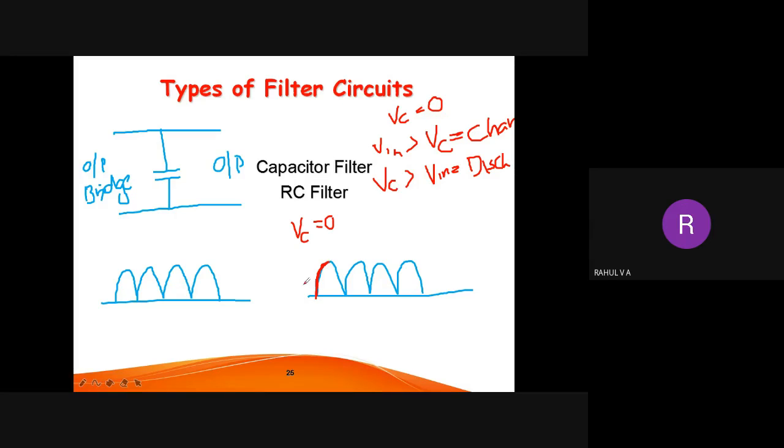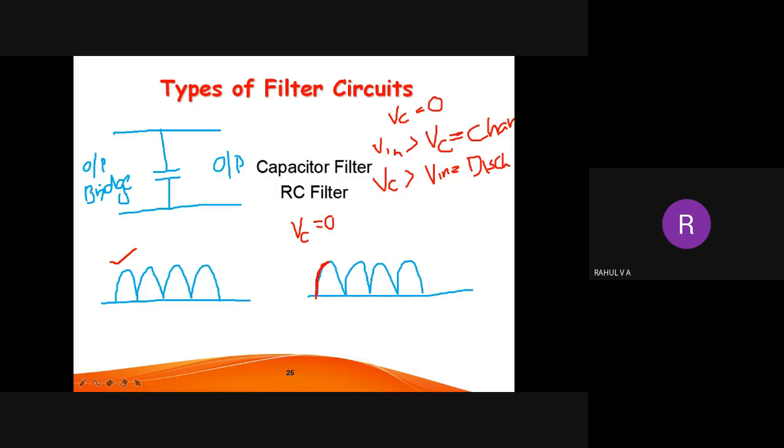At this particular point, you can see in the diagram, the input voltage reduces from its peak value to 0. That is our output voltage, the bridge output voltage.